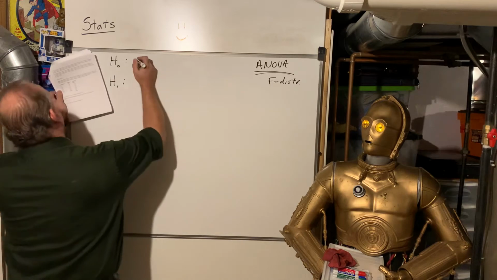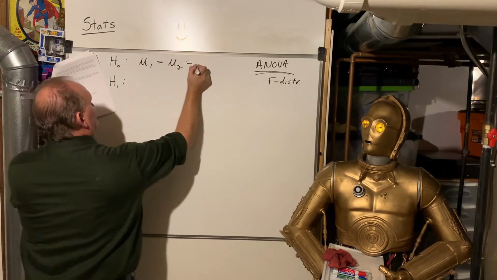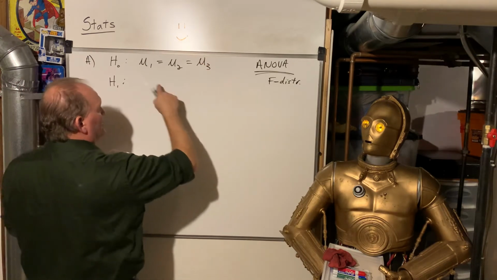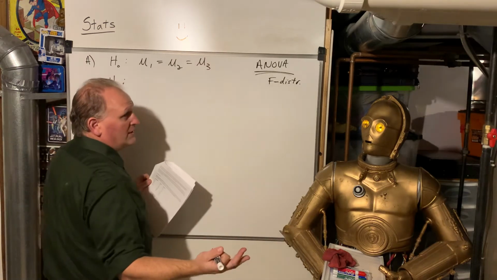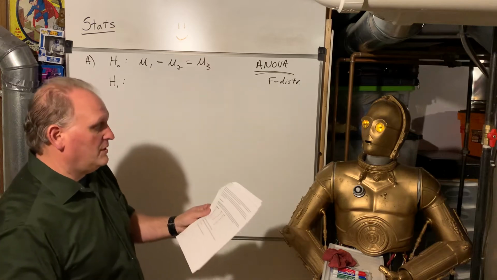And so basically the null is always going to be the same, that the means for however many are equal. It could be more than 3, it could be 4 or 5 or whatever. Here we're comparing 3, but it's 3 or more. It's not just 2. For 2, we have statistical tests. So 3 or more.